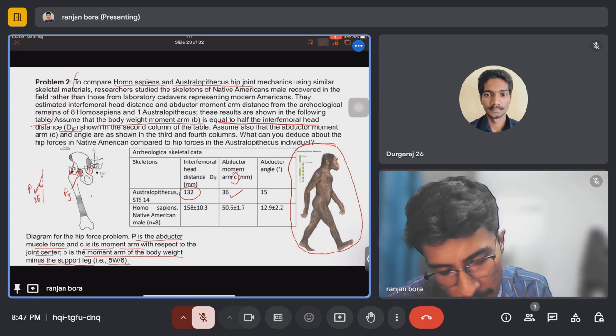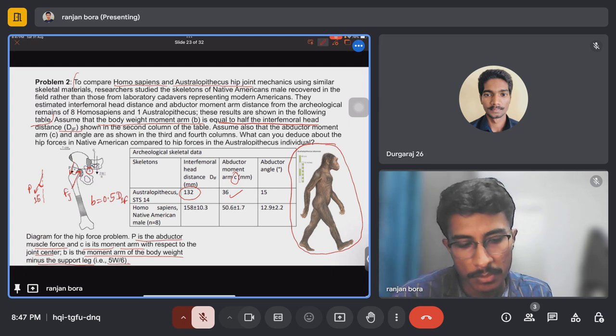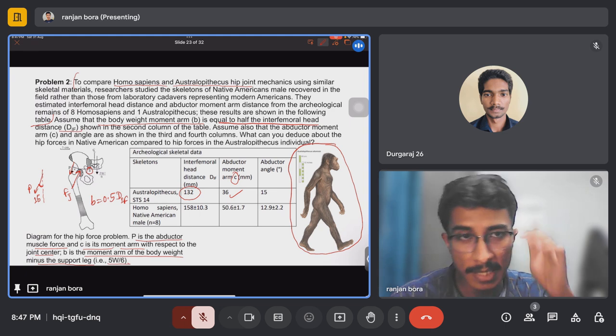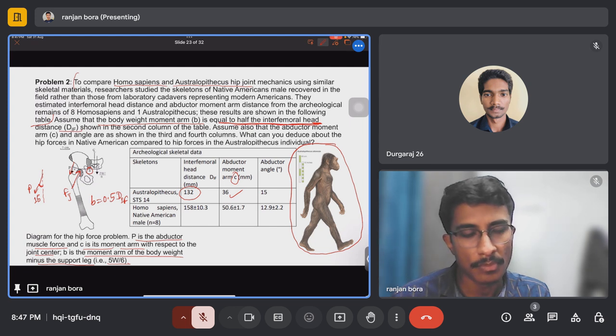B is given as B equal to 0.5 DIF, because here it is mentioned equal to half the interfemoral head distance. So is it clear?